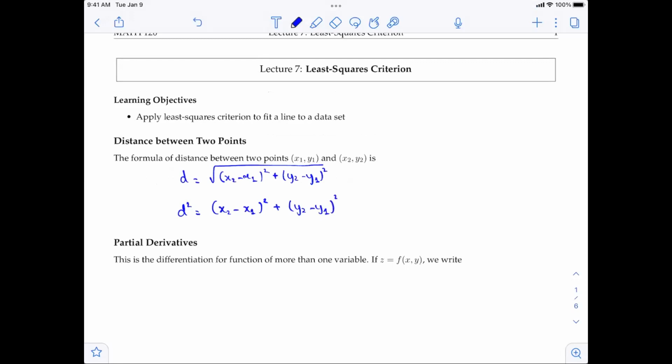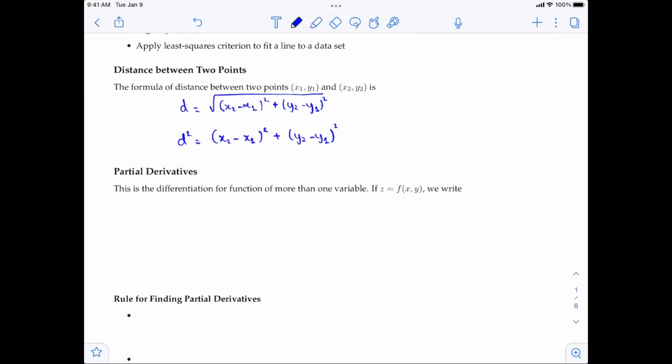This distance can be derived from the Pythagorean theorem, so we just leave it like that. This is the formula that we're going to use later on. I want to mention that eventually you can also use this for the sum of the absolute deviations, or absolute deviations in general.